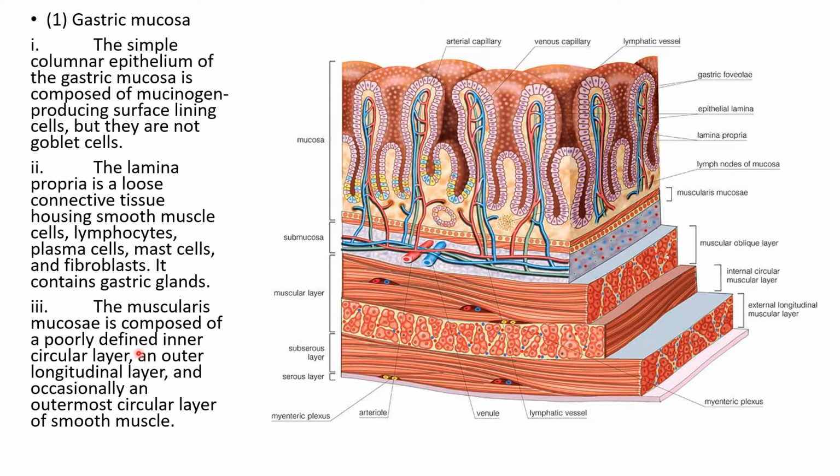The muscularis mucosae is composed of a poorly defined inner circular layer and an outer longitudinal layer, and occasionally an outermost circular layer of smooth muscle.